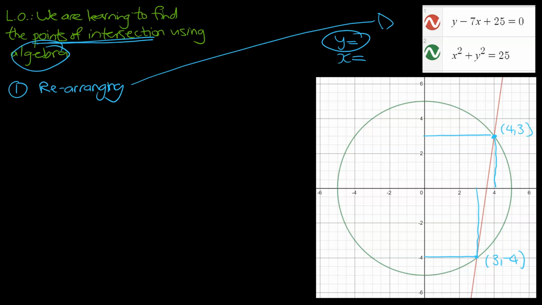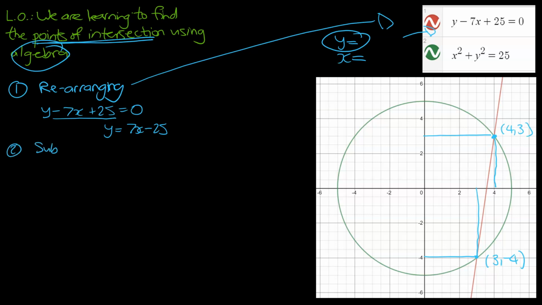I'm going to focus on this first one because I can see y by itself already, which means I can just move the remainder to the other side. So our original equation, y minus 7x plus 25, is equal to 0. I'm going to move these parts to the other side, so y is equal to 7x minus 25. So that's our first step of rearranging.